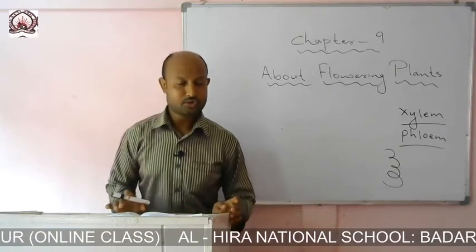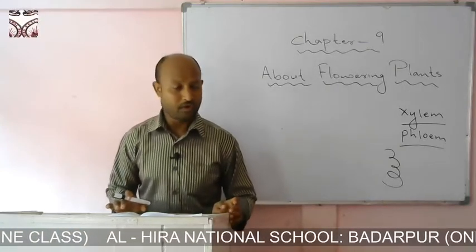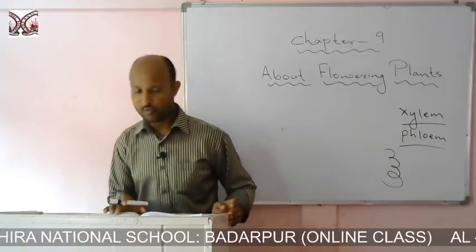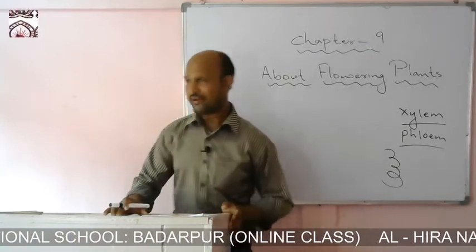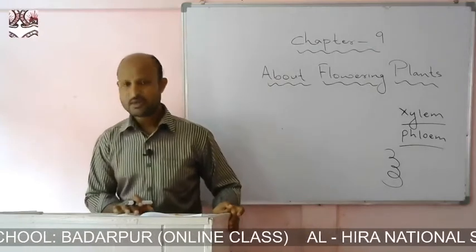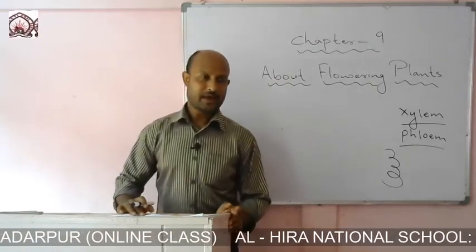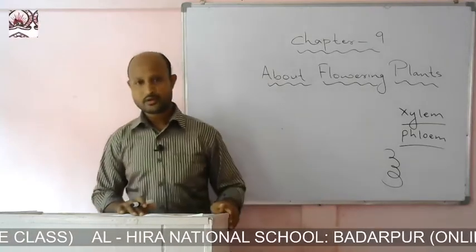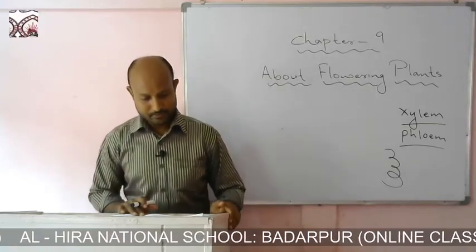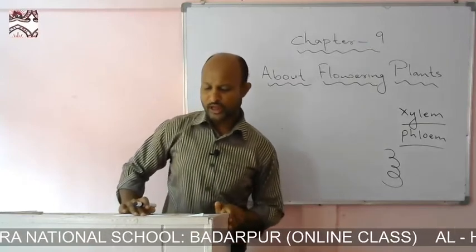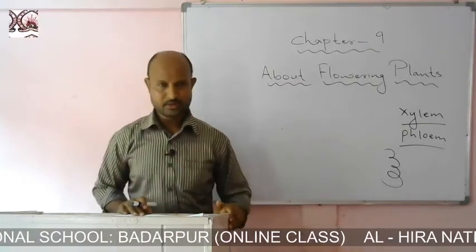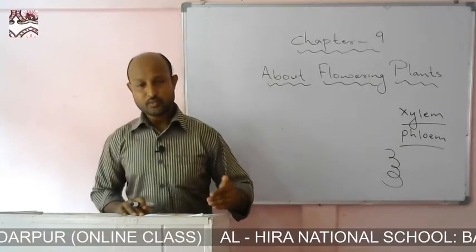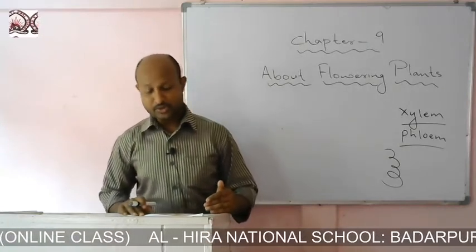All the flowers do not have the 4 whorls. Some flowers have got 3 whorls, some flowers have got 4 whorls. The flower which has all the 4 whorls will be considered a bisexual flower, which you will learn in your next class. The flower which has only 3 whorls can be considered a unisexual flower.